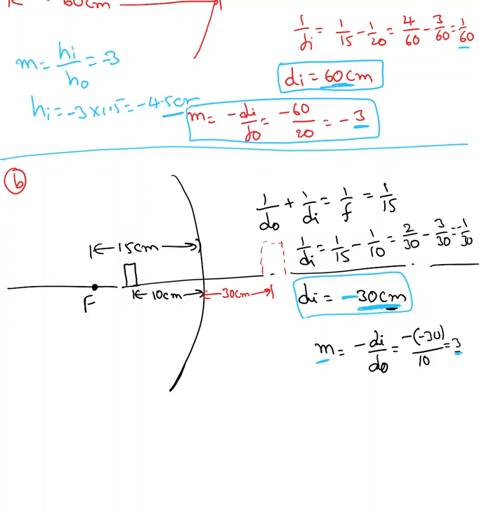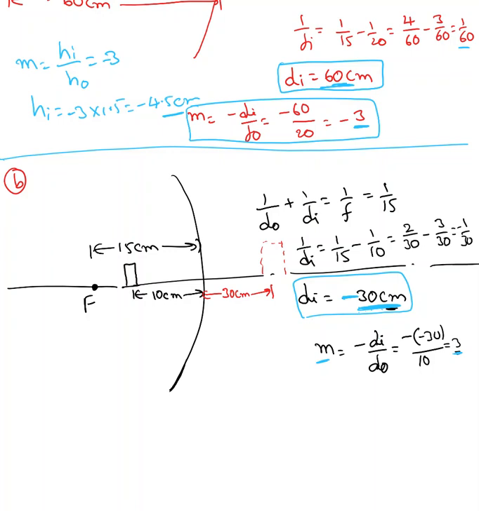This image is called a virtual image. It's not a real image. Whenever you see an image that is upright, not inverted, we call it a virtual image. A virtual image is where we think the object is right there at the virtual point, but in reality the object is somewhere else.